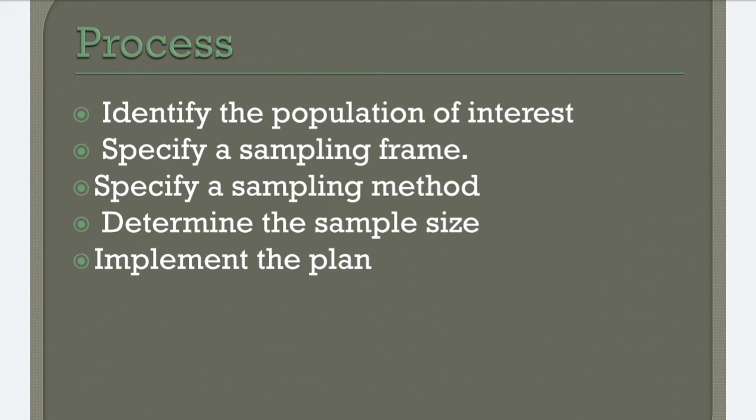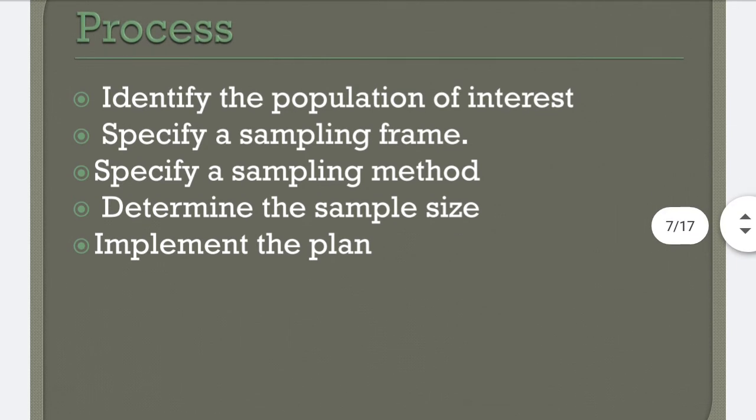And the third one is to specify a sampling method. Basically there are two ways to choose a sample: the first is random, and the second is non-random. There are benefits to both. The fourth one is to determine the sample size.